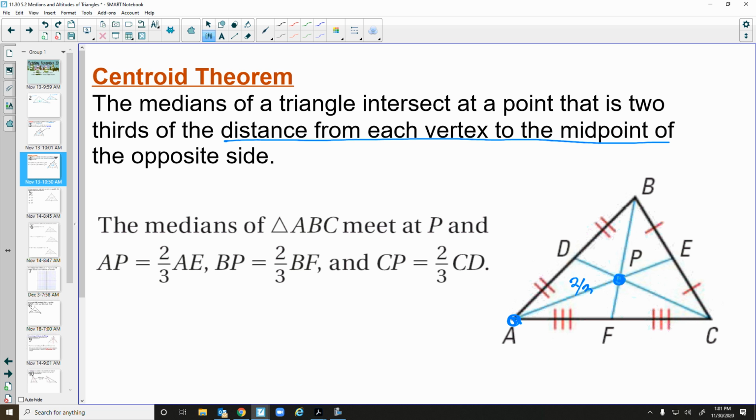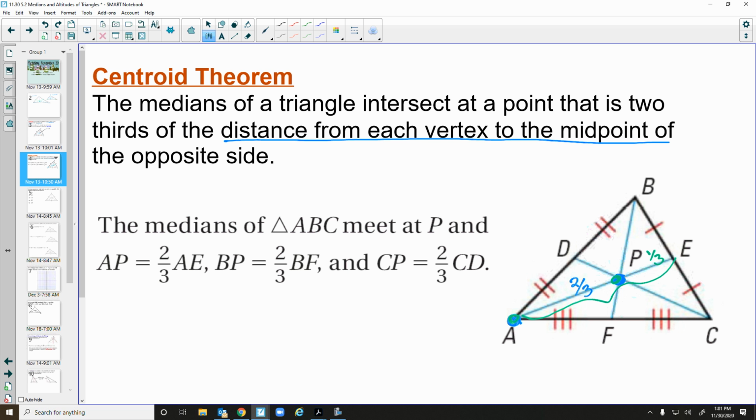So this is 2/3 of the entire median of A to E. It's specific of going from the vertex. So, since going from the vertex to the centroid is 2/3, that means over here, going from that midpoint of the other side to the centroid is 1/3 of the distance.